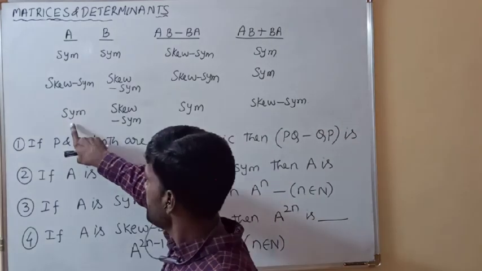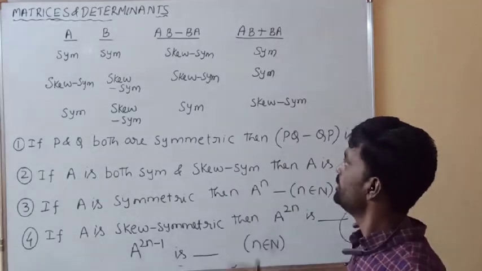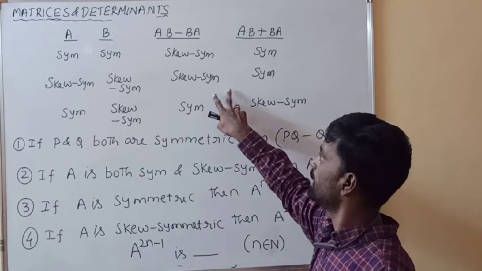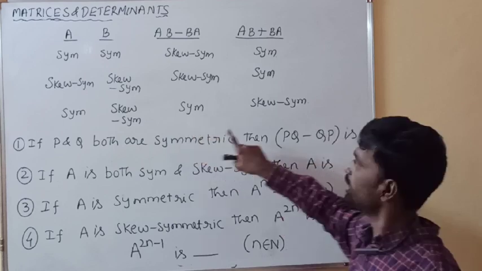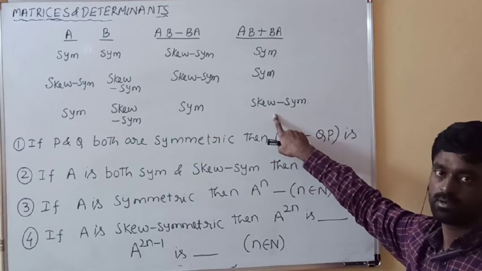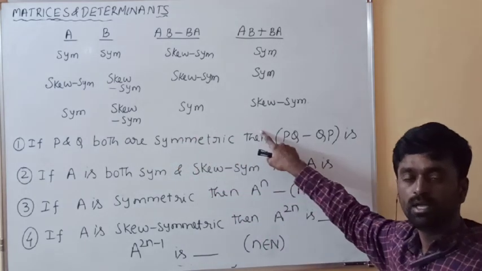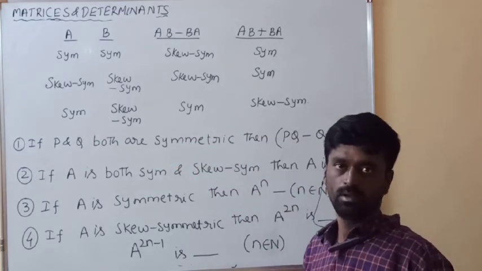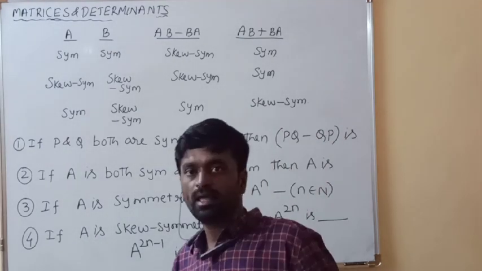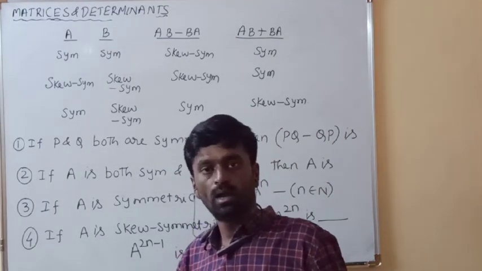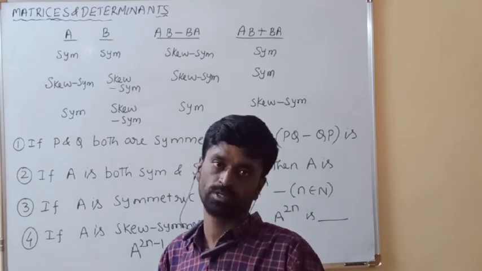Next, if one matrix is symmetric and the other is skew symmetric, then these two positions are reversed. AB minus BA becomes symmetric, and AB plus BA becomes skew symmetric. So remember it like this: symmetric is like a plus, and skew symmetric is like a minus. Plus into plus is plus, minus into minus is plus.